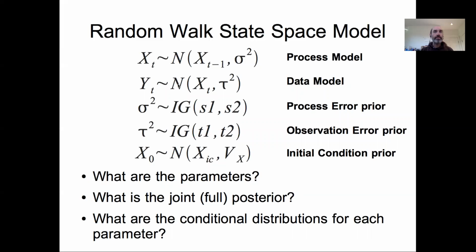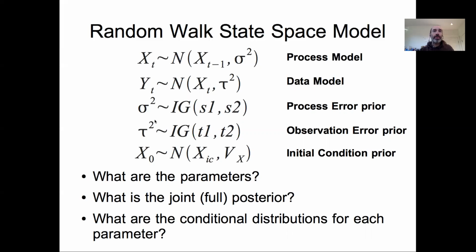And you don't have to make those assumptions. We'll talk about this later, you can make any assumptions you want in terms of the error model on the process error and the error model on the observation error. Likewise, just for simplicity, I've assumed conjugate distributions for the priors on those, but you strictly don't have to do that. All of this will work just fine otherwise.